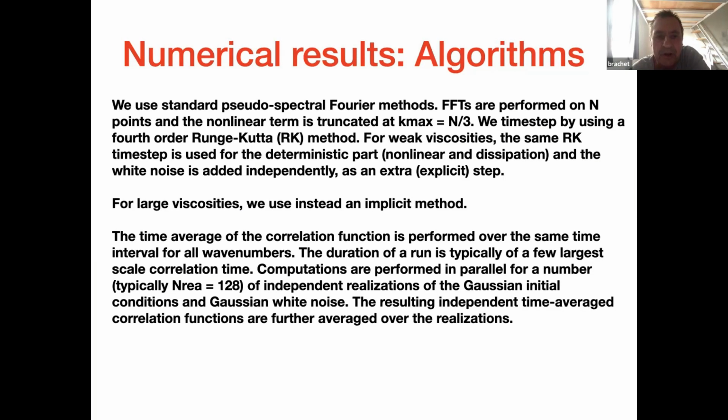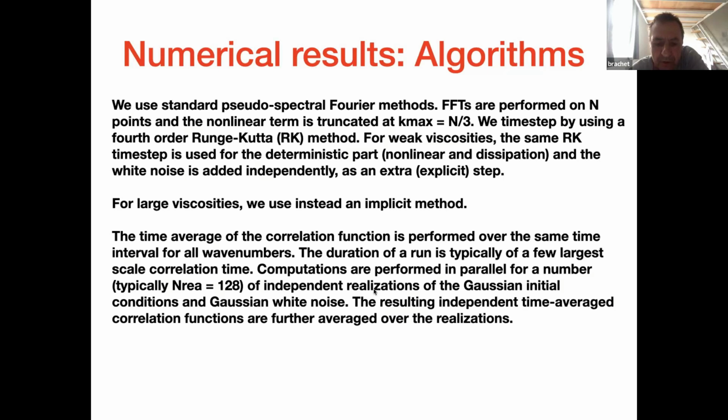Numerical methods, they are completely standard. In the case of large viscosity and noise, there are implicit methods that work for the noisy term. I will not go into the details. The way this is computed is we have a parallel code that goes into a large number of independent realizations.